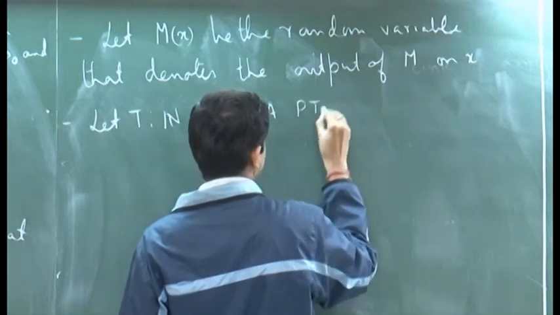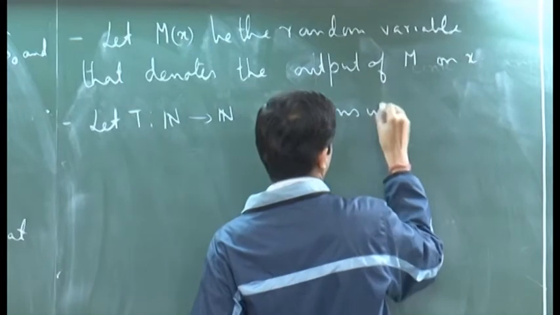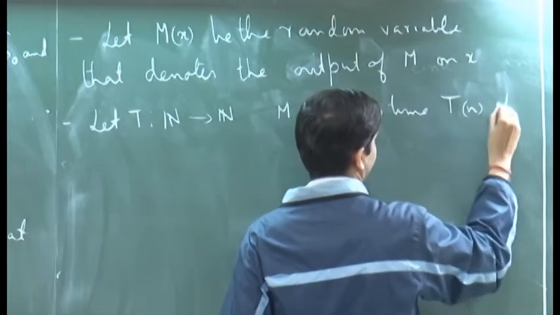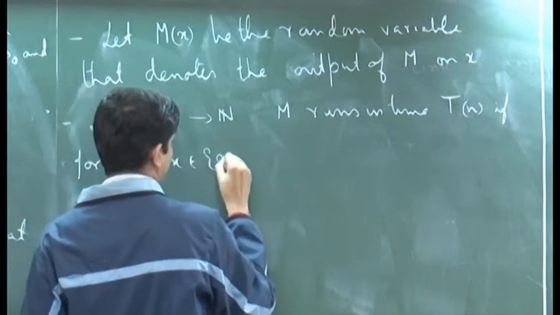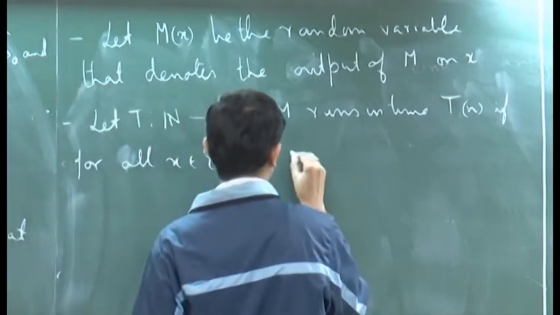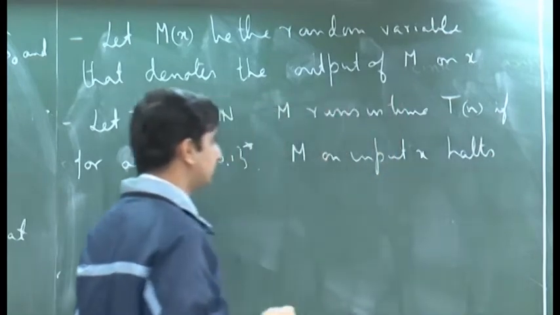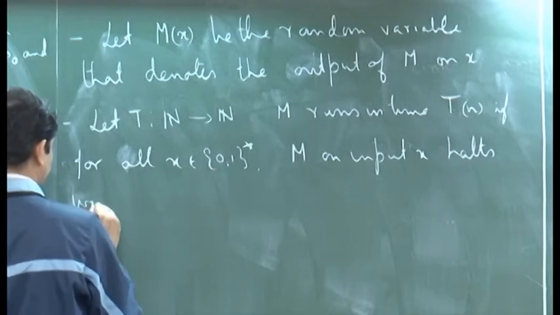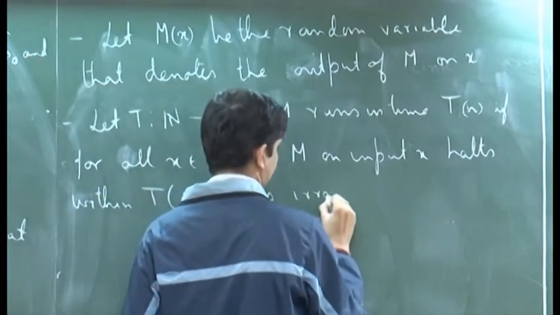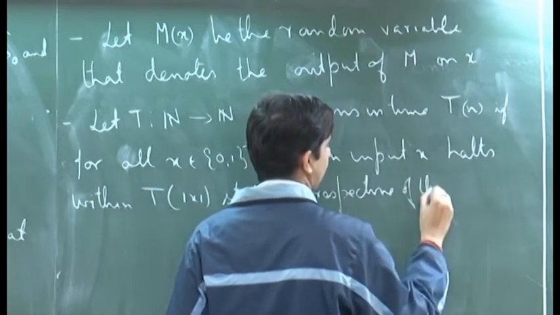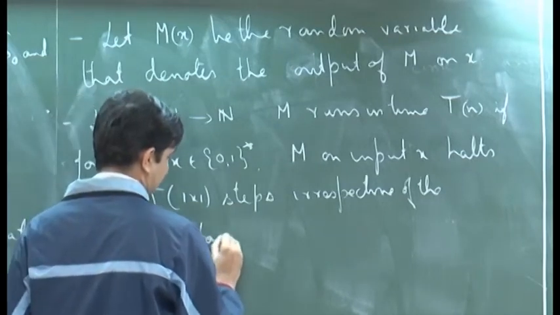We say that M runs in time t of n if for all x in {0,1}*, M on input x halts within t of x steps, irrespective of the sequence of coin tosses.